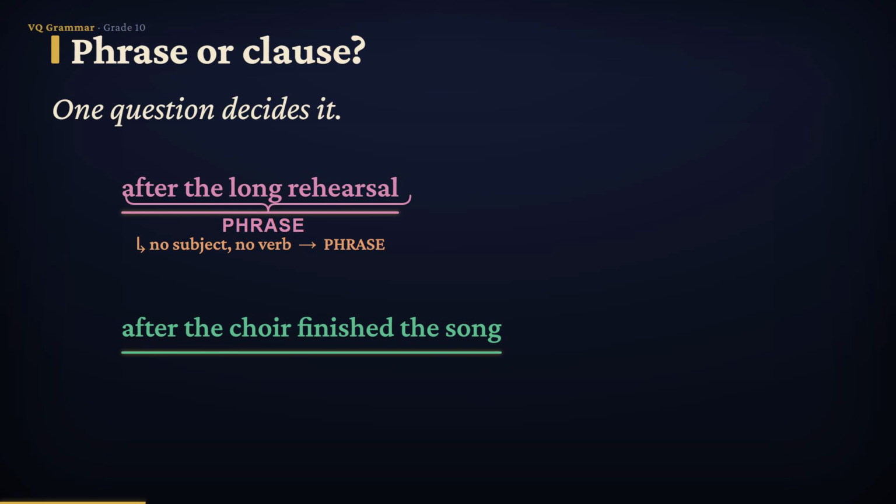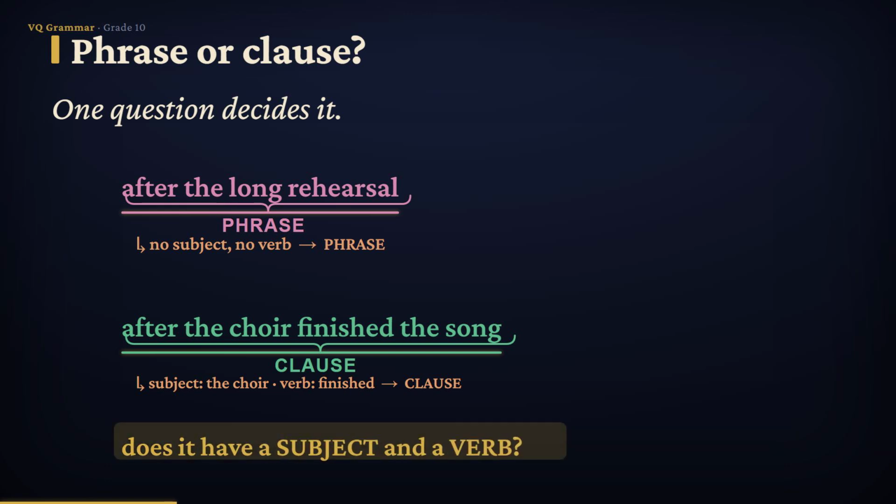Ask the very same questions. Who? The choir, and there's your subject. Did what? Finished, and there's your verb. Subject and verb. So this one is a clause. Same opening word, completely different creature. So every single time, ask the one question that decides it. Does this group of words have a subject and a verb?